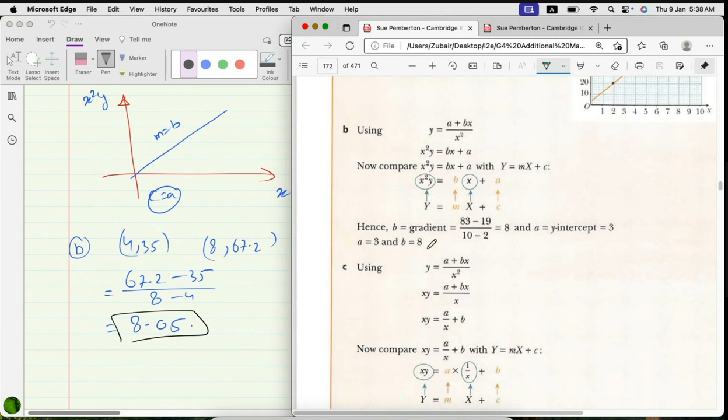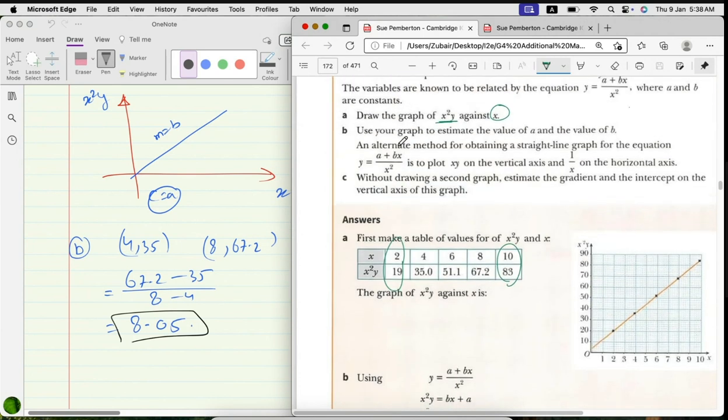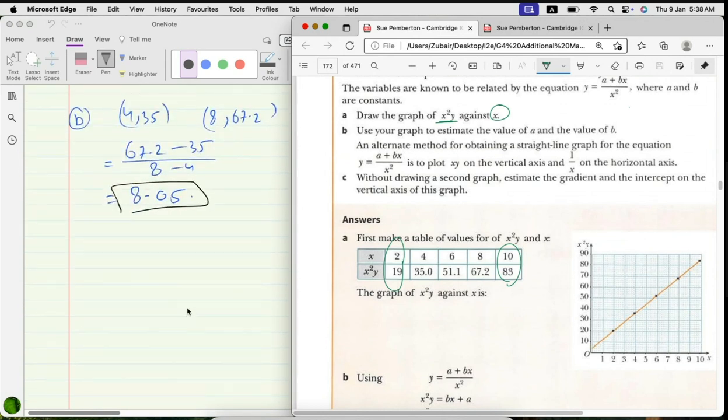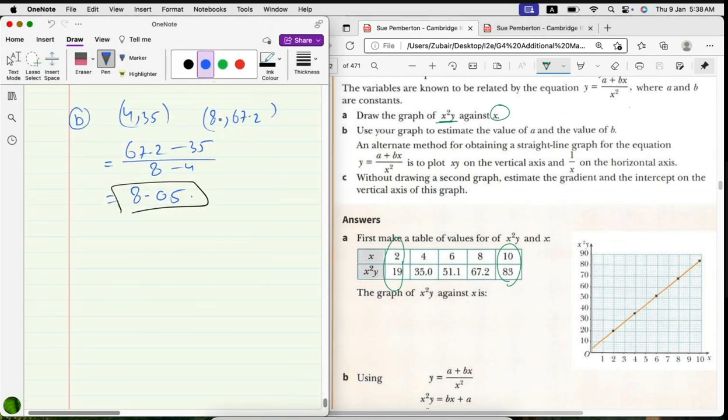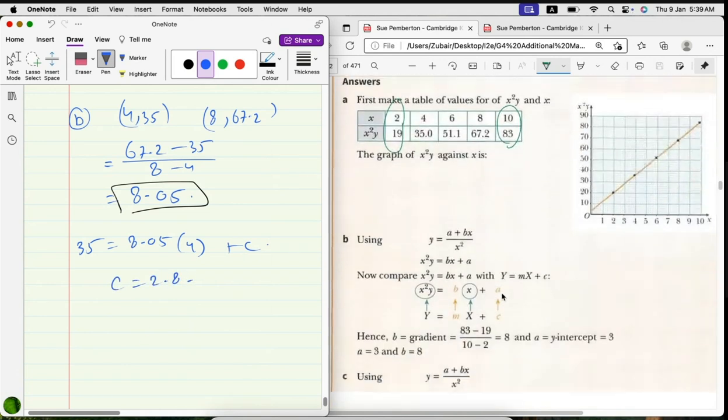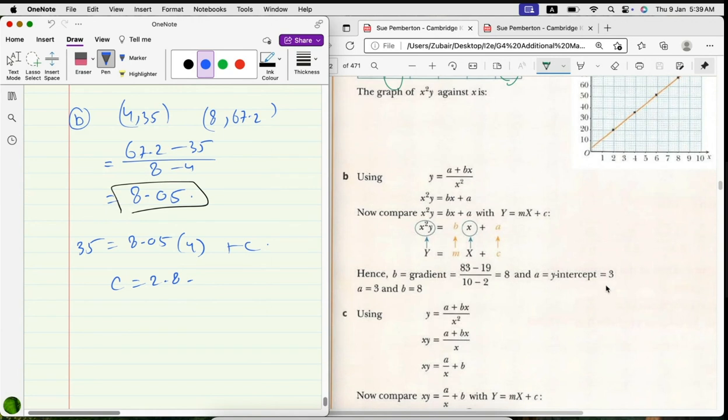And then the C part is A and B. A was the y-intercept. So I'm using the same points. y is equal to mx plus c. 35 minus 8.05 into 4. This is 2.8. And he was getting 3 because his gradient is different.